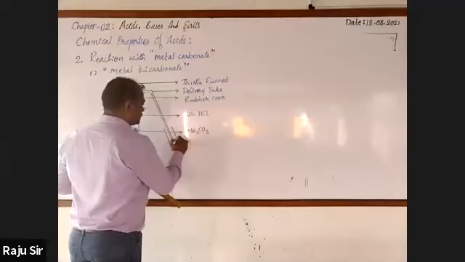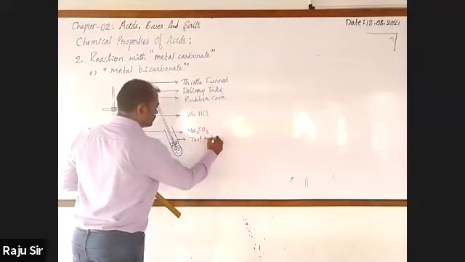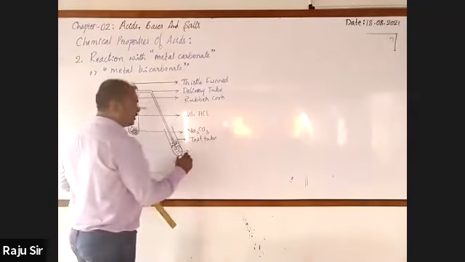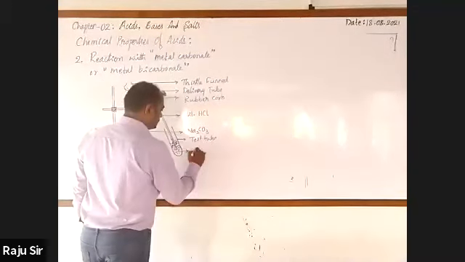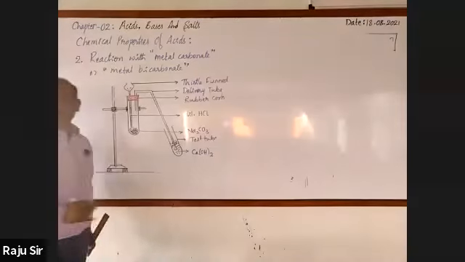Next, this is a test tube. Name the compound that is taken in this test tube. Calcium hydroxide. Ca(OH)2. Fine. Calcium hydroxide solution.